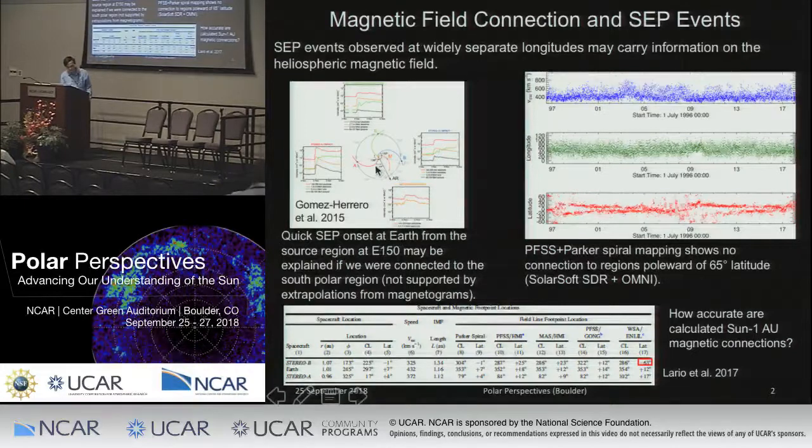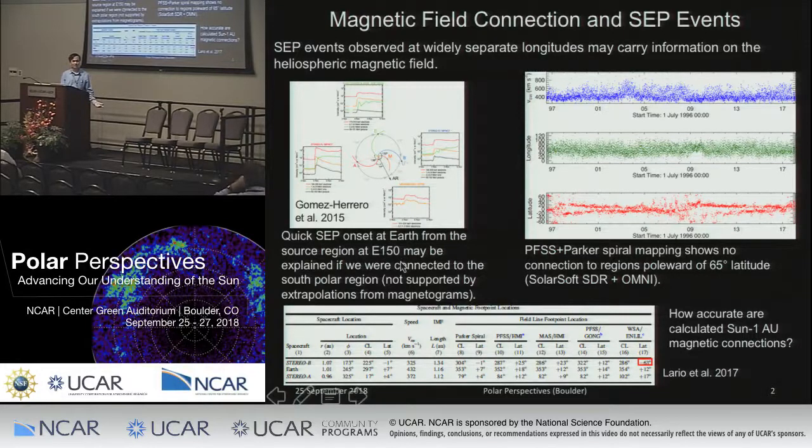This is the famous circumsolar SEP event observed in 2011. The problem was that the solar active region responsible for this eruption was 60 degrees behind the east limb. But at the Earth, the observed SEP time profile was very quick. How come these particles came to the Earth so quickly? I tried to propose that maybe the SEPs came from the South Pole.